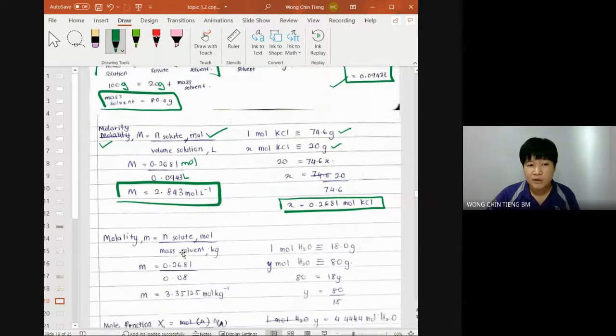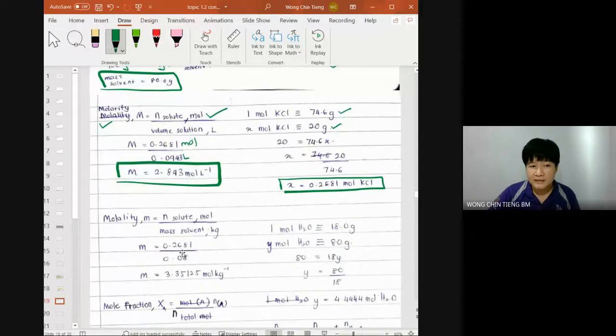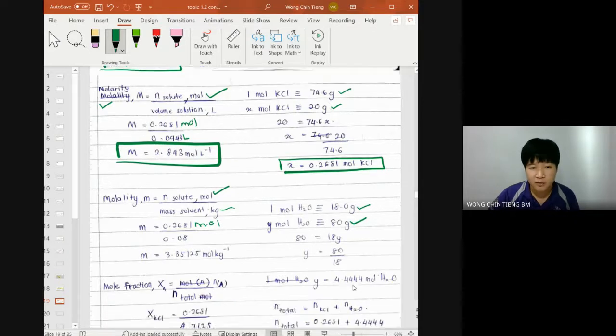And then, molality. Molality, mole dah ada. Tak payah kira dah. Mole dah ada, masukkan je. Alright, sama macam atas, masukkan je. Mole. Apa yang dia kira kat tepi sebagai pasangan dia is the mass of solvent. I have 1 mole of H2O is 18 gram. I have 80 gram. That is equals to my gram, my Y over here.